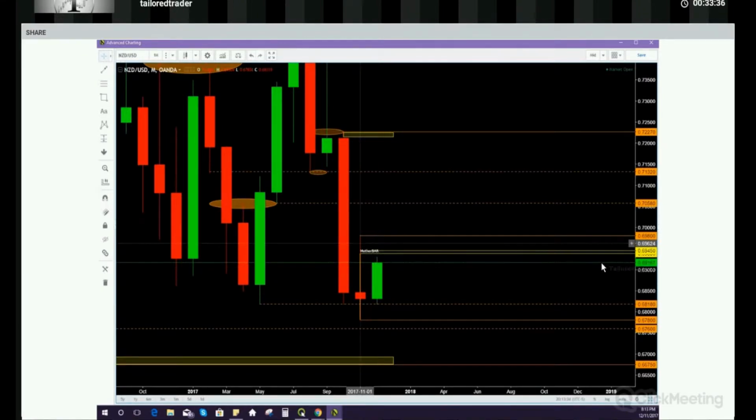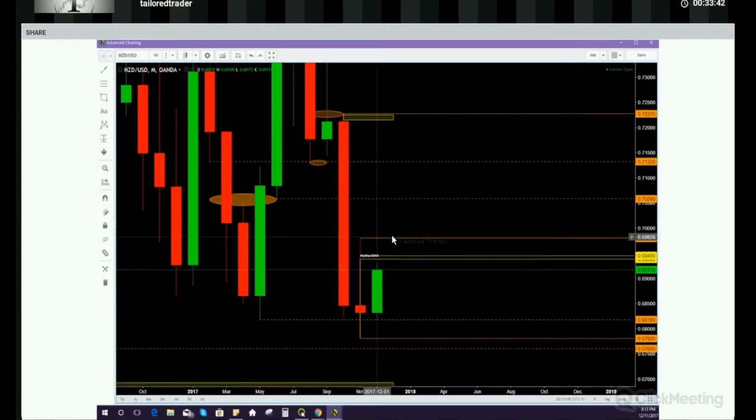Now, 69.80 is going to be, if we break above that, you could start to see a bigger push on the New Zealand, maybe targeting the next monthly retest levels up here. These orange broken lines are monthly retest levels. But again, that's not going to happen until we break above that.